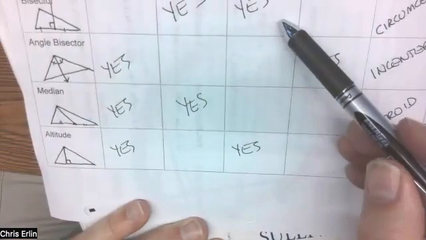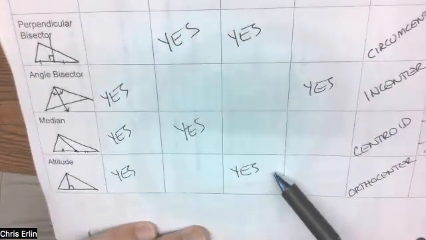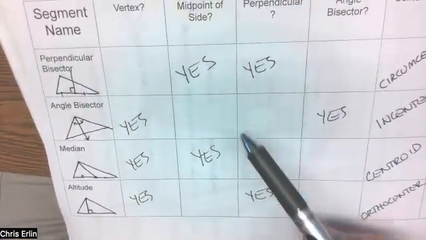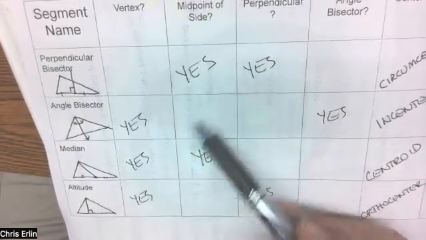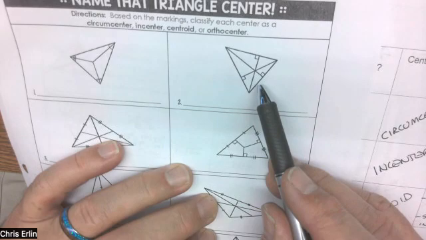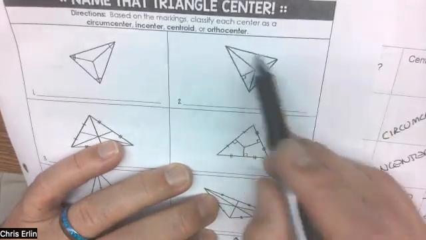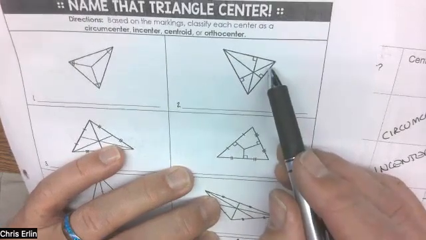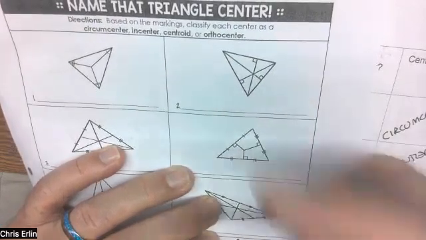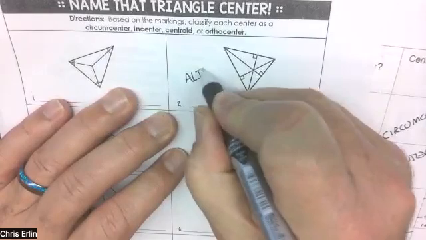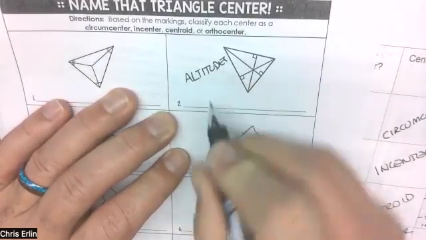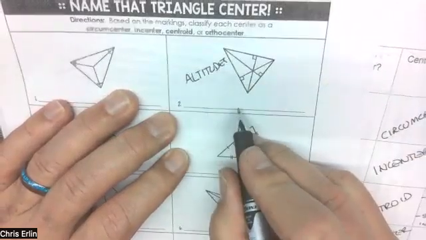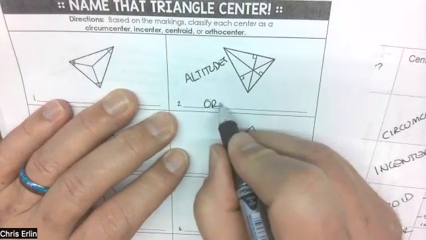Right angles, perpendicular. So we know we're either dealing with the perpendicular bisectors or the altitudes. So the difference is, does it go through the midpoint of the side and does it go through the vertex? It goes through the vertex in all three cases. So therefore, these lines are what kinds of special segments? Altitudes, which means this center is which center? Orthocenter.